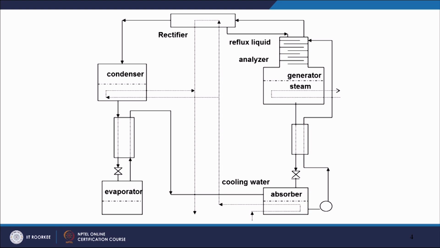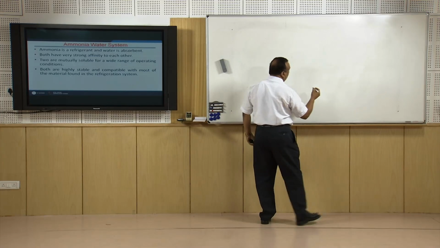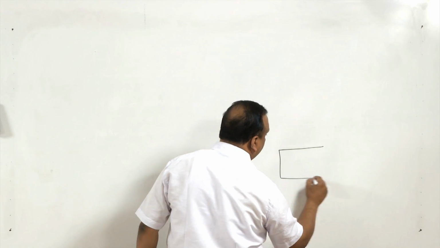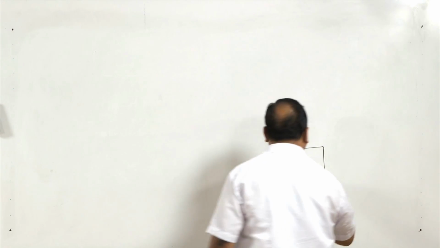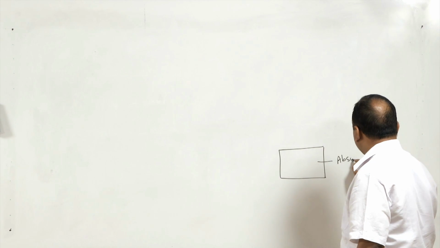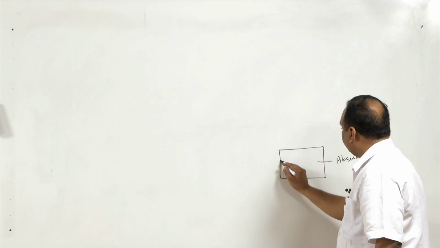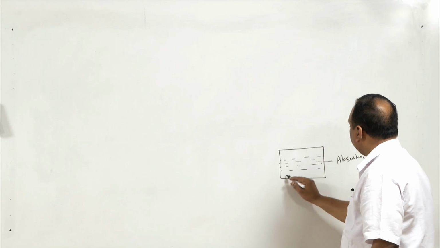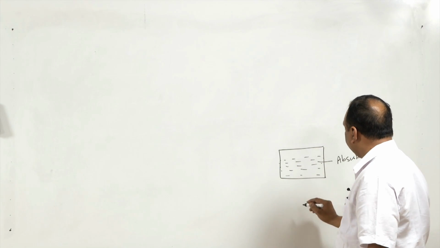Now, I will draw the arrangement of an ammonia water refrigeration system. We will start with the absorber. The system has one absorber where weak ammonia solution exists. Here, absorption of ammonia takes place in the weak solution and it becomes a strong solution.